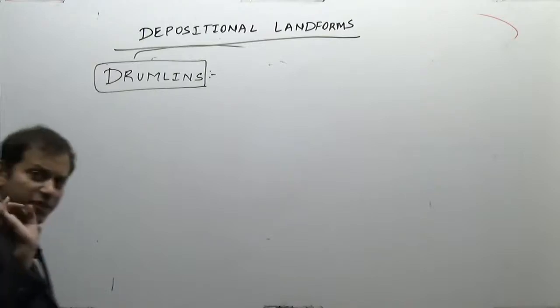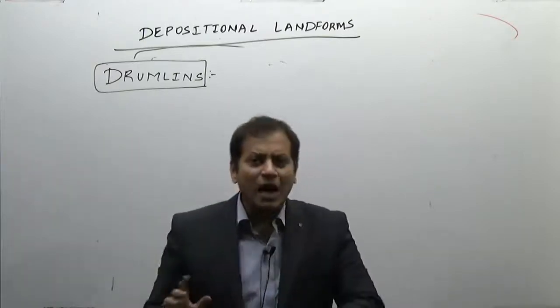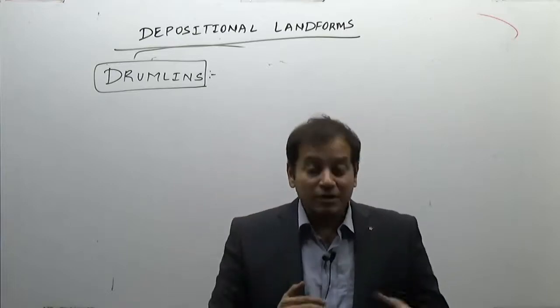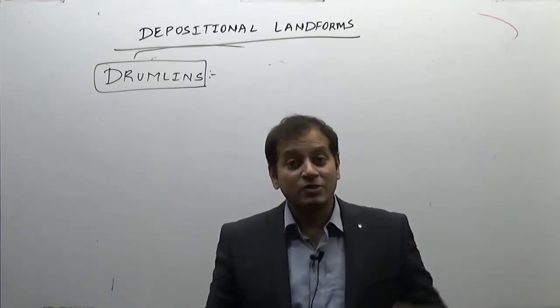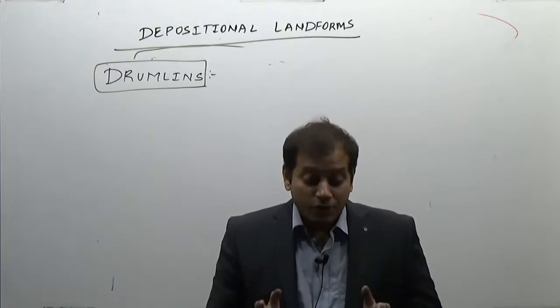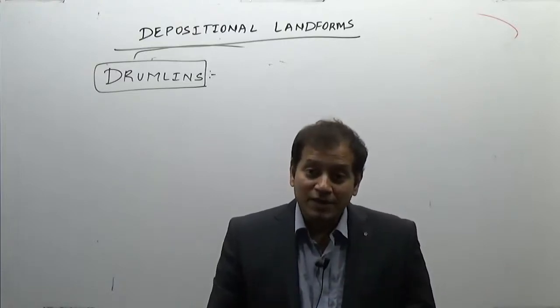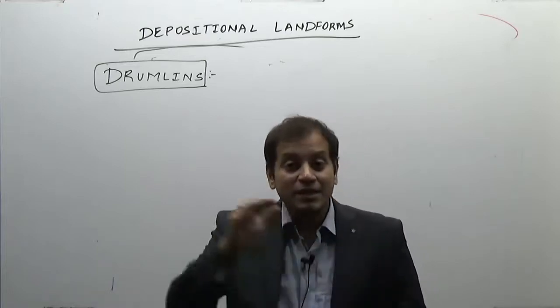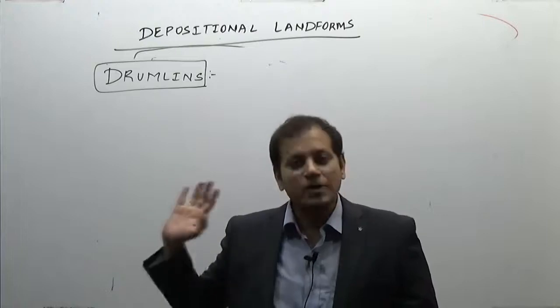See, these are individual mountains. Maybe somewhere a resistant rock has not been eroded, so it serves as a barrier to the movement of a glacier. Then the movement of the glacier becomes slow, it deposits, resulting in the formation of a mountain known as a drumlin.